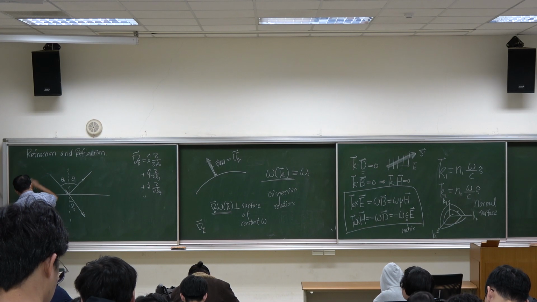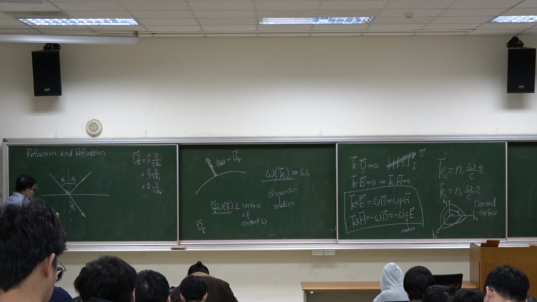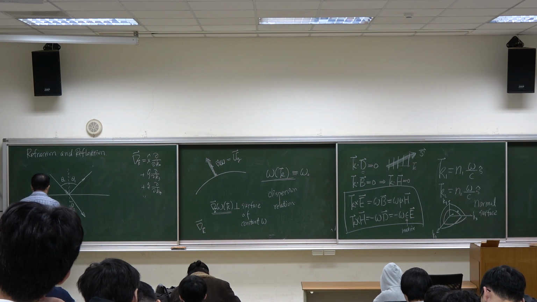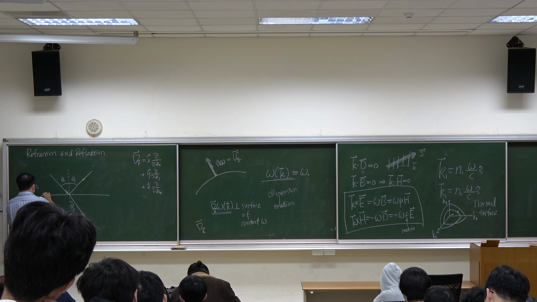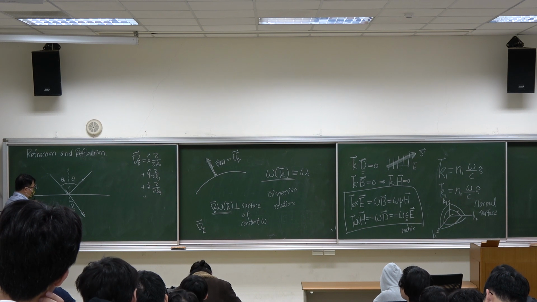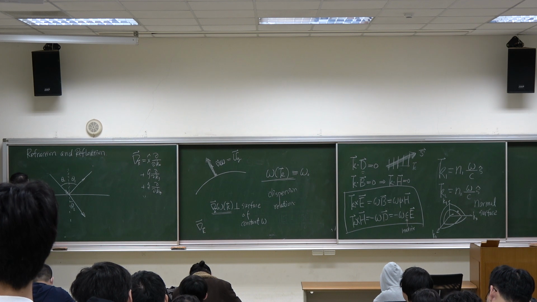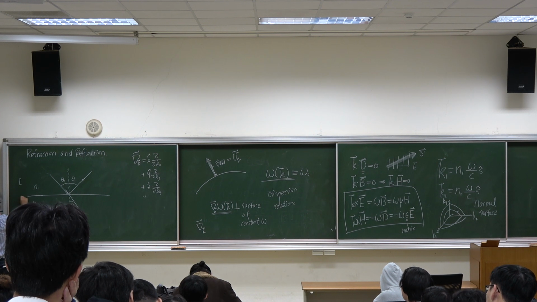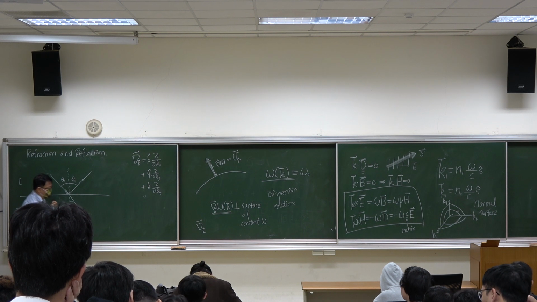Here N1 and N2 are the refractive indices in isotropic media; we will explain later what happens to N in anisotropic media. So, if we consider an isotropic medium, from medium number 1 to medium number 2, they are separated by this interface.